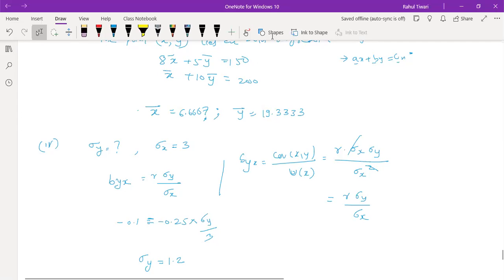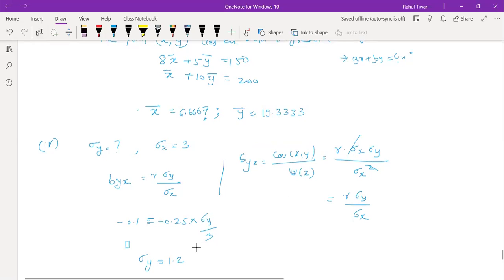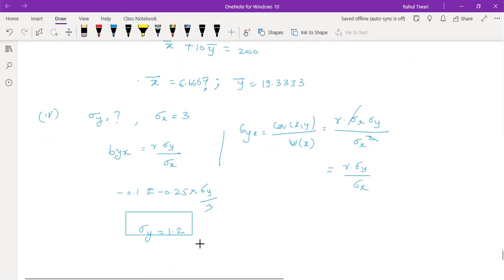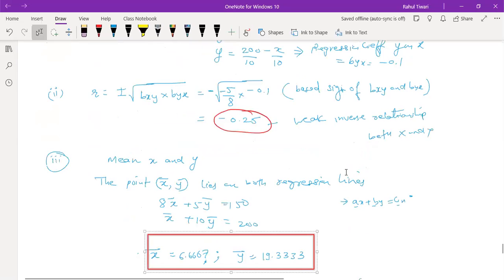Is it 1.2? Please check it and let me know. Simplify it and let me know whether it is coming the same or not.